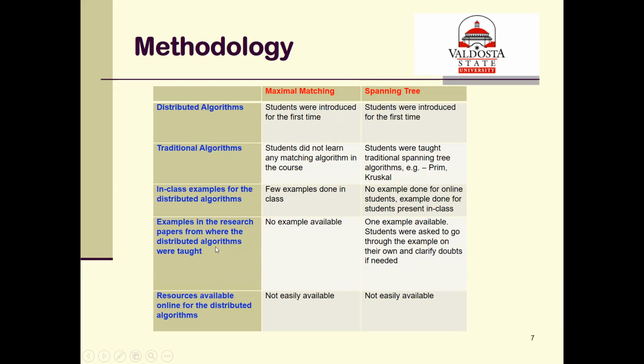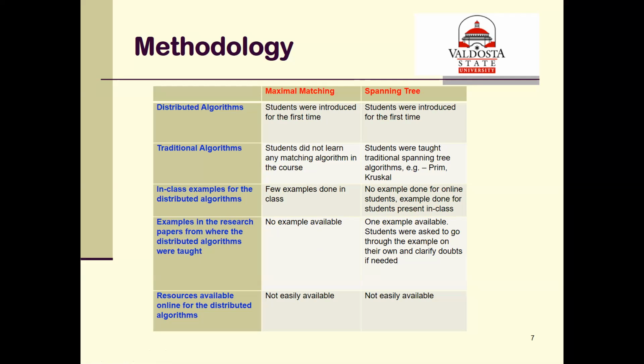For other resources, for both algorithms, the resources are not easily available on the net. Obviously, those two papers are available to the students, but apart from them, no other examples are easily available. Even with a Google search, there are very few examples to come by. For the examples in the research papers, as I mentioned, for maximal matching there was no example even in the original paper.